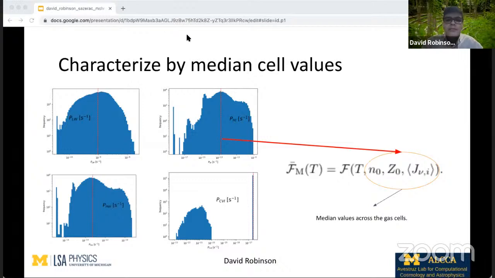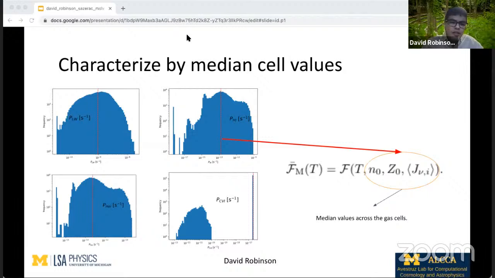And so this is nice because this approach could actually be calculated using a radiative transfer code like Cloudy, given the median density, metallicity, and photoionization rates. And a key thing to note here is that we're actually completely ignoring the temperatures of each cell in this approach. We're not using them at all.